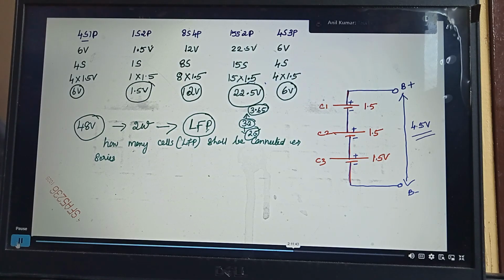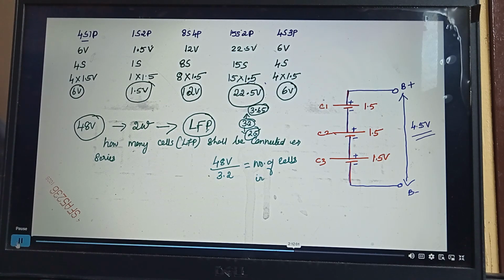Okay. Now we know one cell is 3.2. We wanted 48 volt. So 48 volt divided by 3.2 will give you the number of cells to be connected in series, which is equal to 15s.